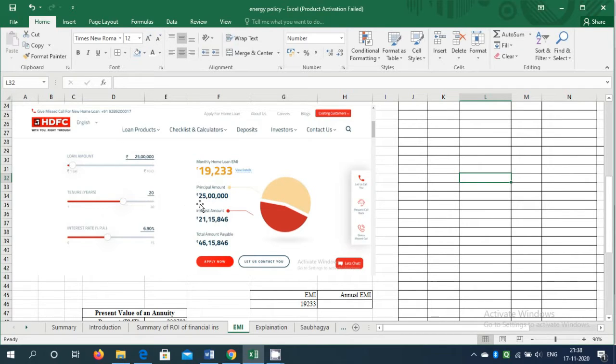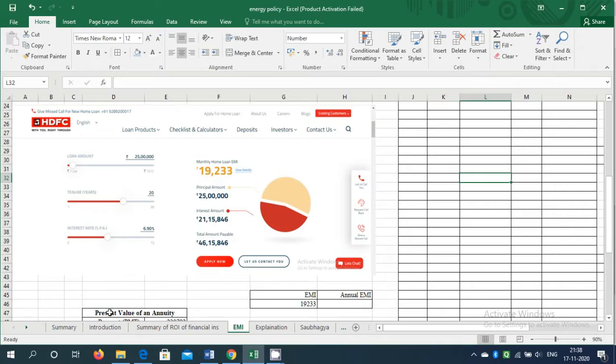In 20 years, the principal amount would be 25 lakhs and the interest amount would be 21 lakh 15,846. So the total amount comes to about 46 lakhs 15,846.